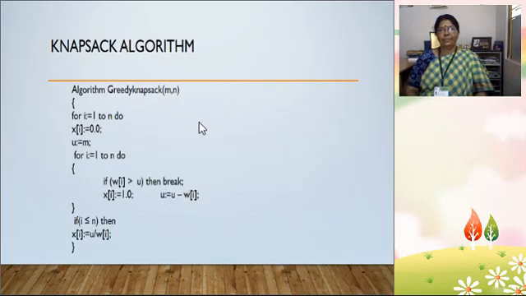To summarize, in this session we discussed the greedy strategy. Greedy strategy works in stages. At each stage we consider one input. The selection of the input is based on the given objective function. It could be either maximization or minimization.